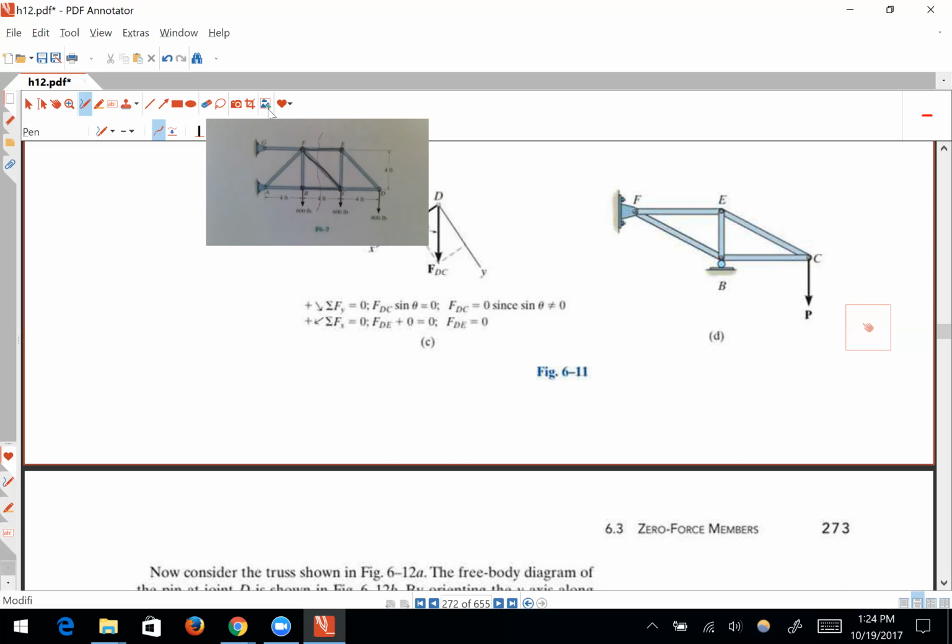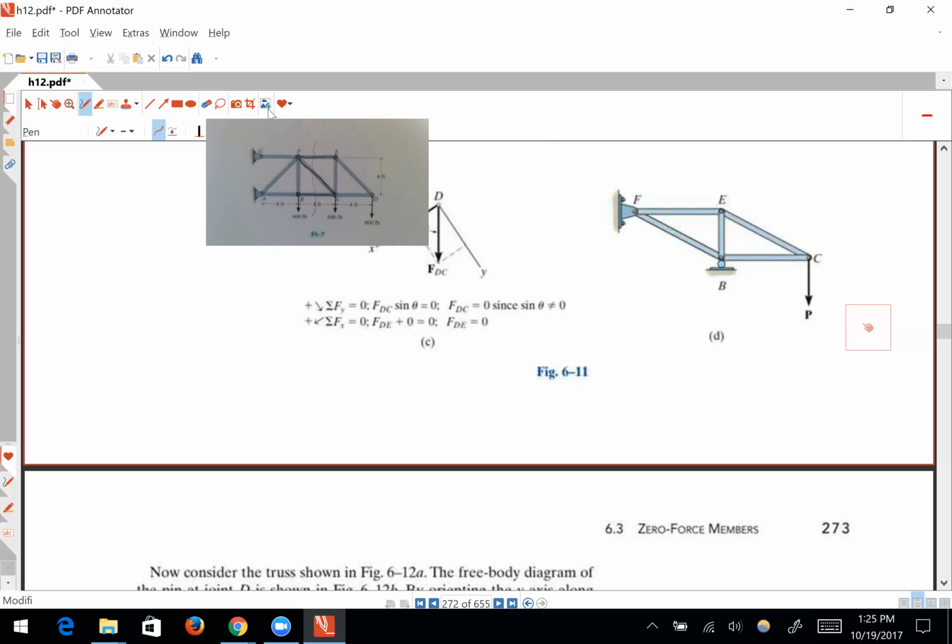And the vertical beam below the force was a zero force member. But in this case, having the force at the bottom, does that change that?